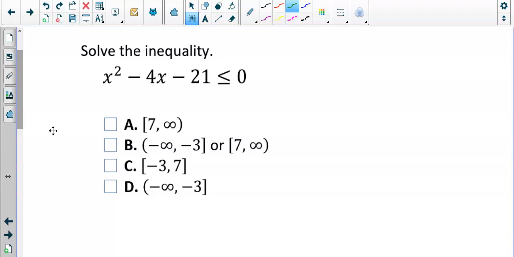solutions. So, is this good to go the way it is? Yes, because we're equal to 0. Remember, we don't worry about this part until the very, very end. So the first thing you're going to do is find the x-intercepts to this. So we can factor it. How else could we do it? We could graph it, or quadratic formula.